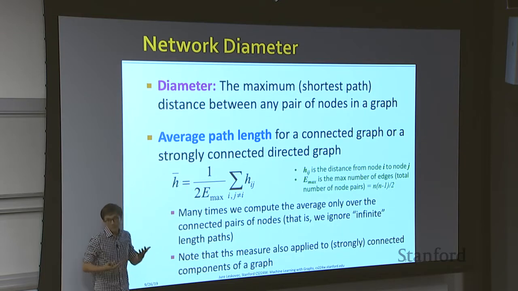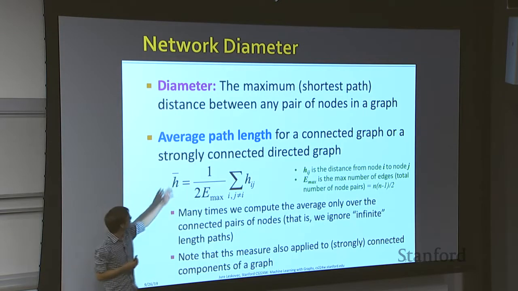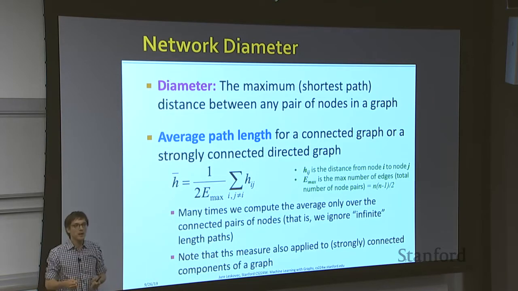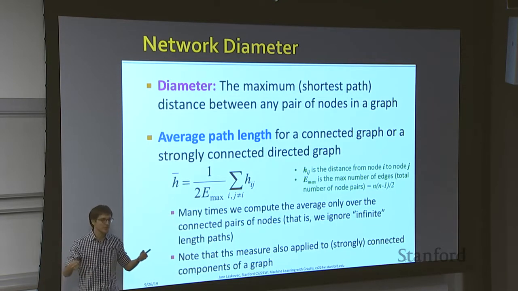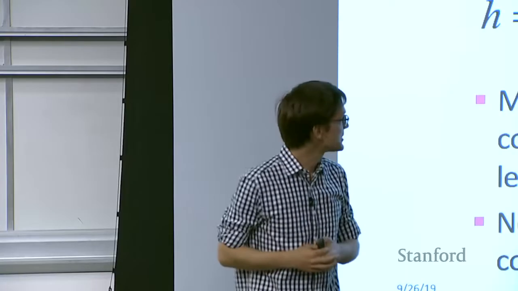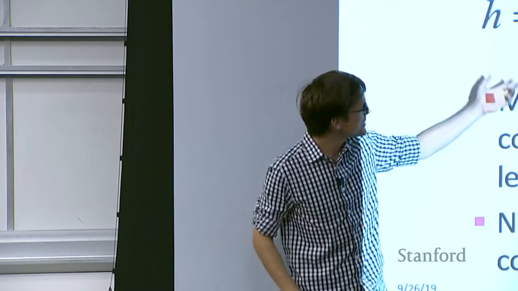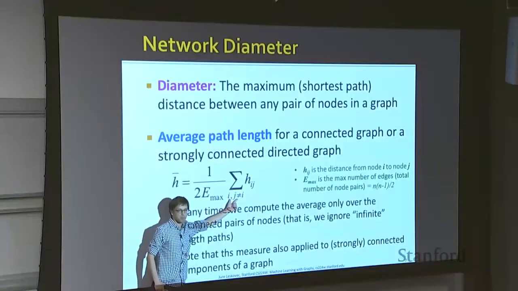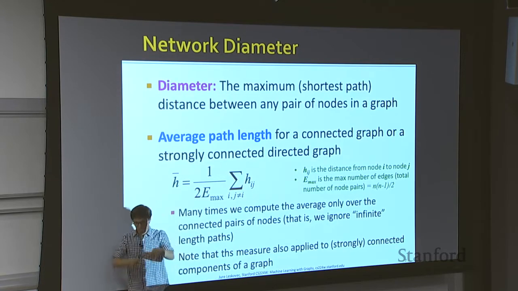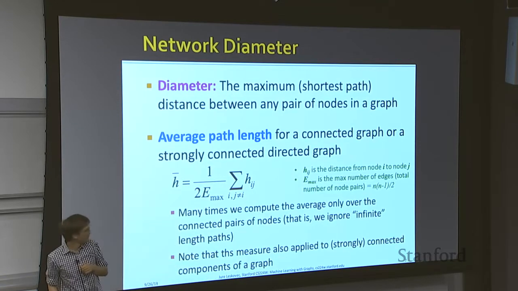So what people prefer to do is, for example, compute the average shortest path length. This would be, if you pick a random pair of nodes, in expectation, what do you expect the distance to be? So the way you would do this is to say, let me go over all pairs of nodes, ask what is the shortest path distance between that pair, and take the average across all pairs.